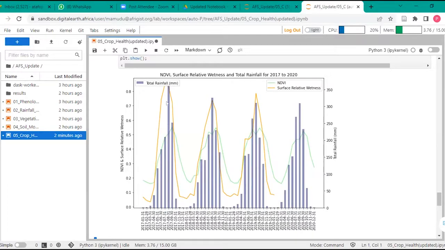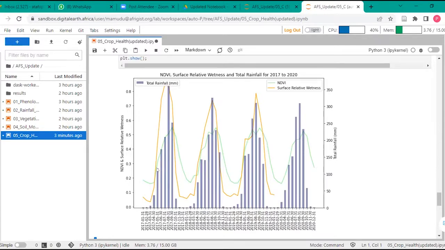And we can see that as rainfall increased, we had higher NDVI values and higher surface wetness. But another thing we took note of, which gives us some indication of crop health in this area, is that there was really no time of the year when we had surface wetness and NDVI having values below 0. So almost all through the year, we're having values that are from 0.1, 0.2 and higher.